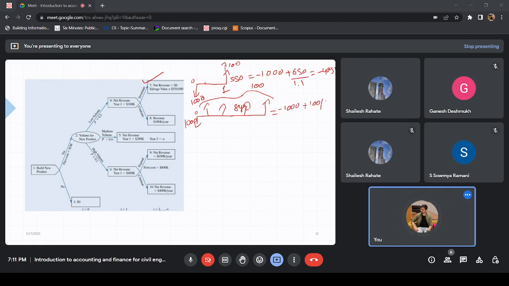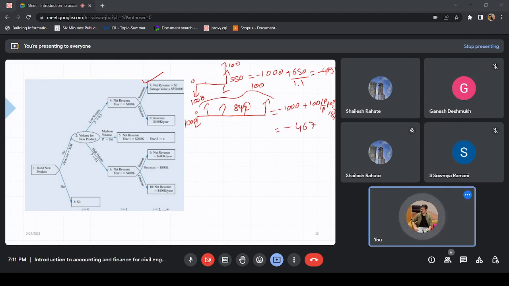And for this value, you calculate plus 100 times P given A, i is 10% and N is 8 years. What is the value in this case? If you go by the table for P given A, 8 years, i equal to 10%, it is 5.33. So that becomes minus 467.